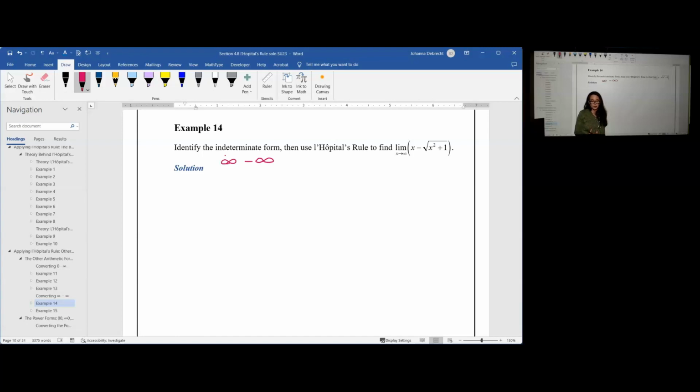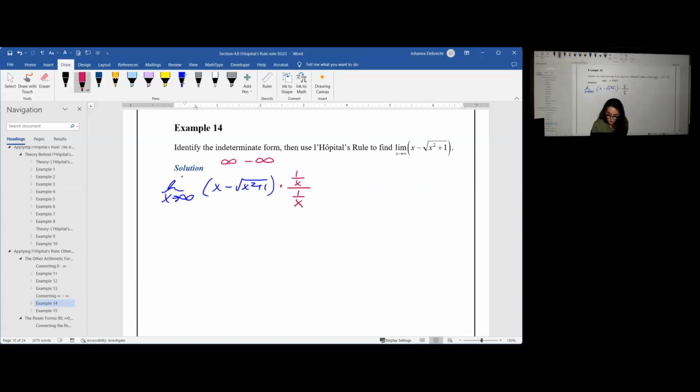What we're going to do is try to turn it into a fraction. In this case, it's not trig, and there's no obvious denominator. I do have x to the first on the outside, so I'm going to choose to multiply by 1 over x over 1 over x.